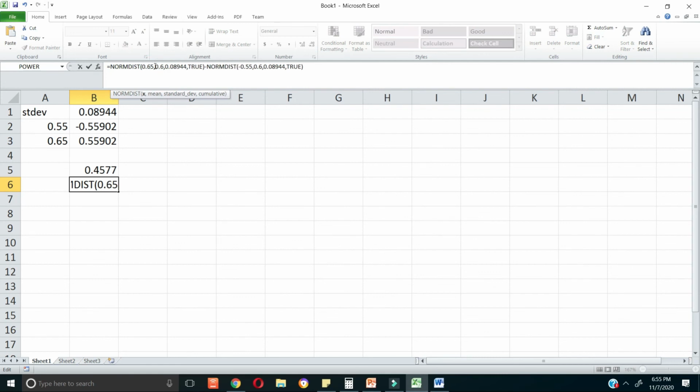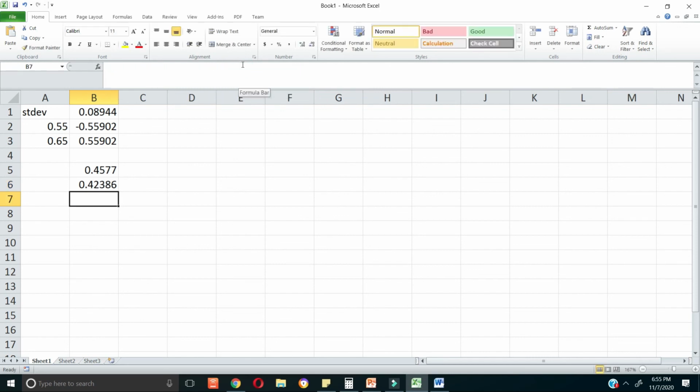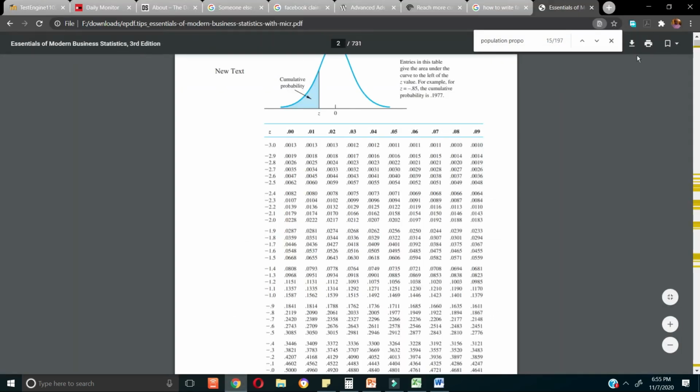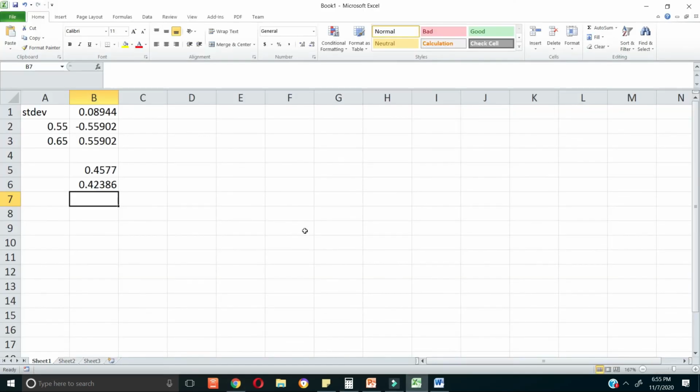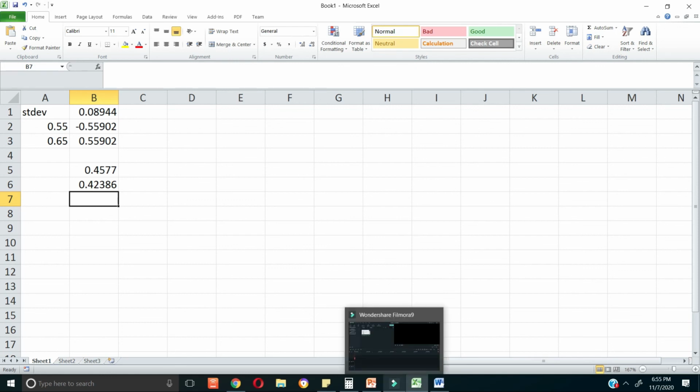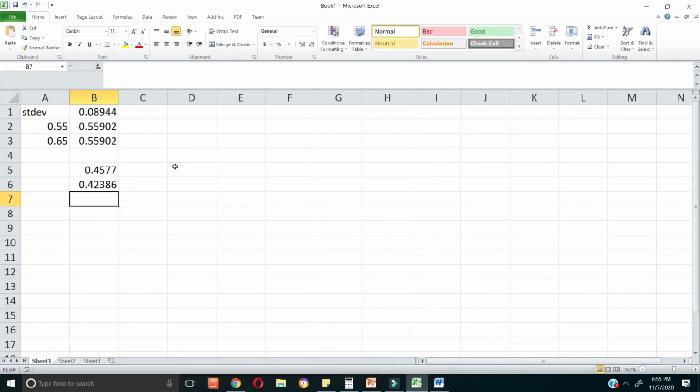I'm thinking in terms of z score. So you see this value over here is actually 0.424, which is very similar to what we saw before in the book. Yeah, so this is pretty much all there is to proportions with our sampling distributions.